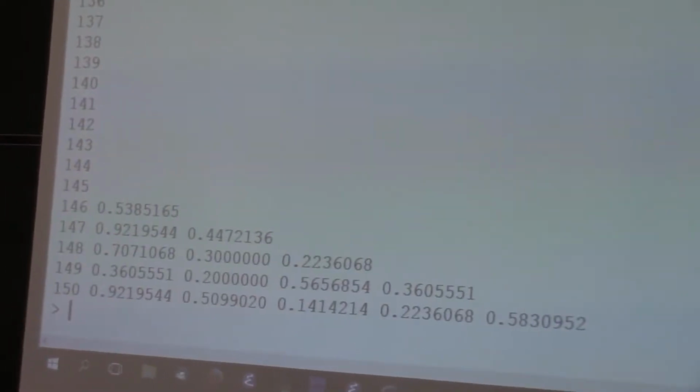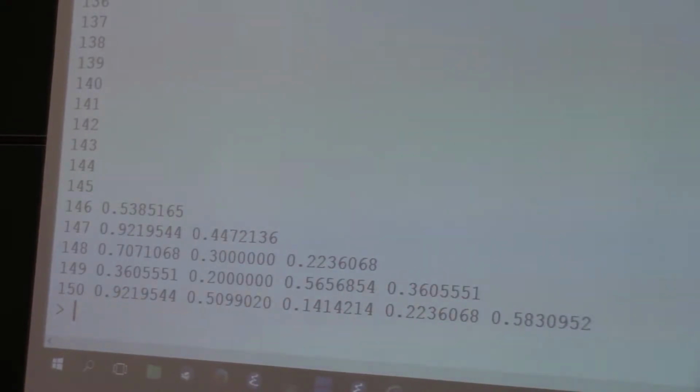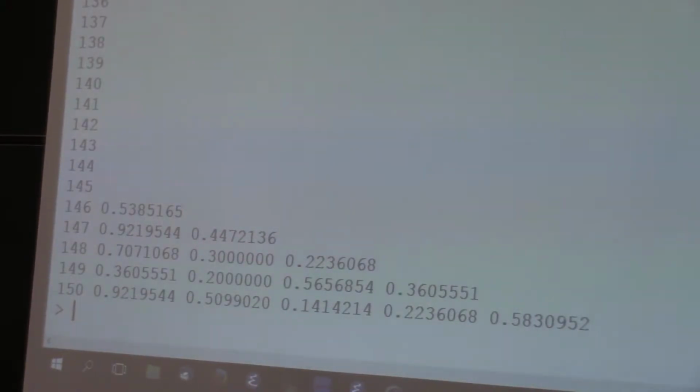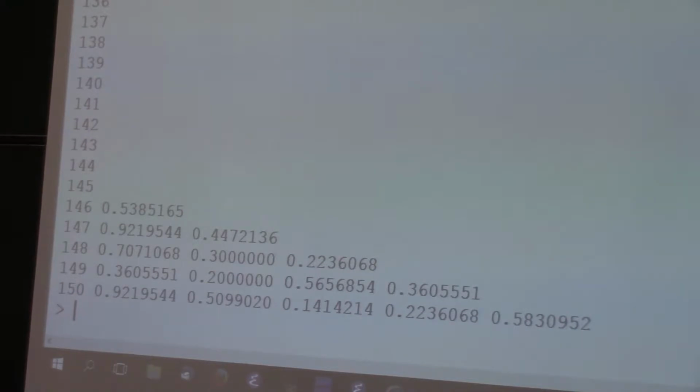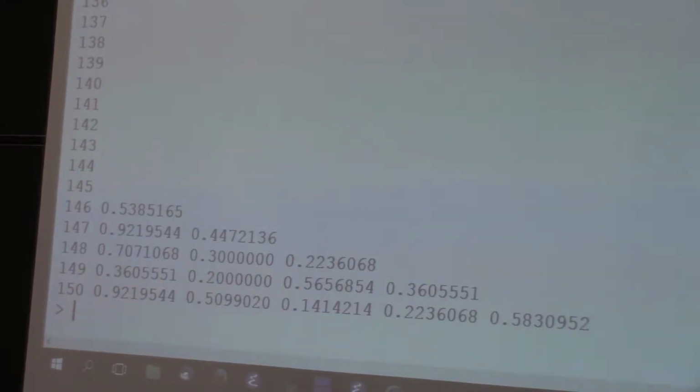Only half of the values are shown up here. And the reason for that is that if number 78 has been compared to 73 once, you don't have to compare 73 to 78 in return. So we only need half of the table filled in to know all of the distances.